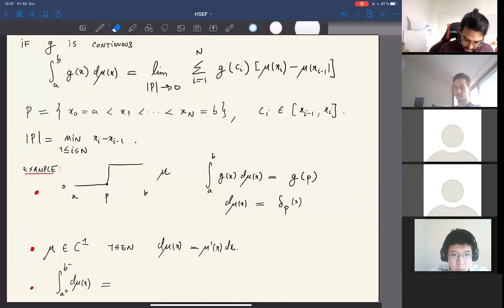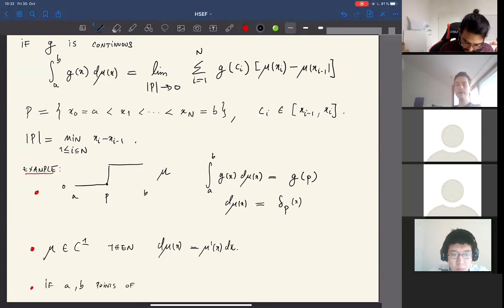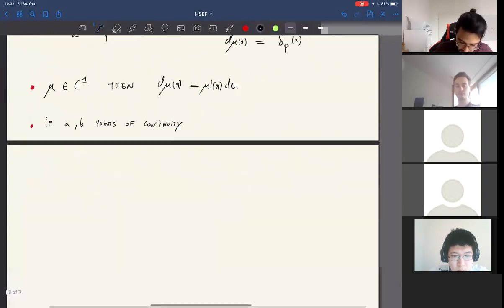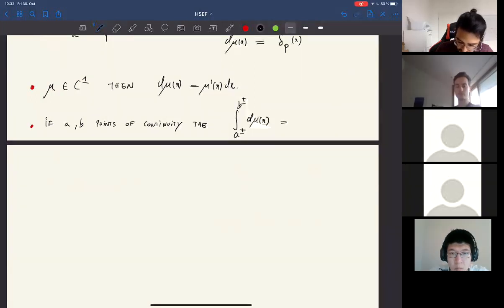So I should say, if A and B are points of continuity, then all those definitions that I mentioned, plus or minus of B, plus or minus the mu of X, they are all the same because these are points of continuity, and it's just mu of B minus mu of A, okay?